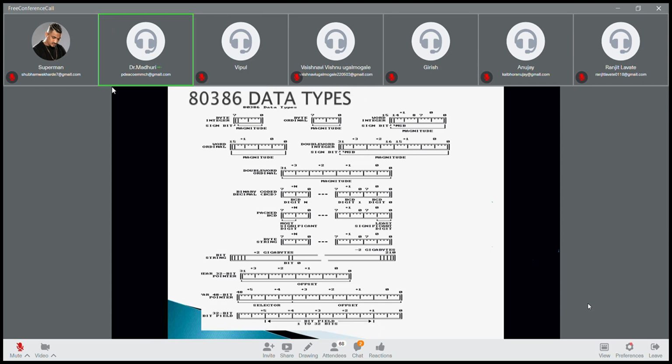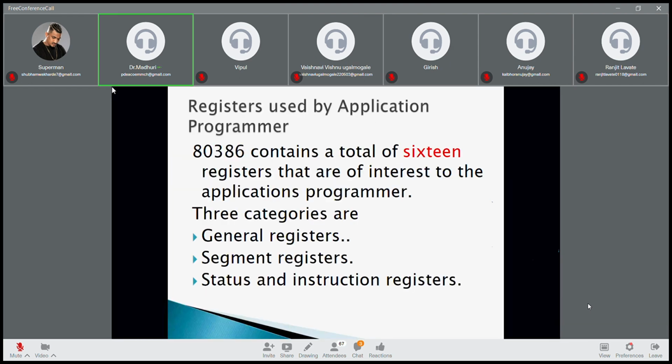Now the registers. I think about 10 minutes are there, so I will continue with the registers. The next point in the programming model is the register.